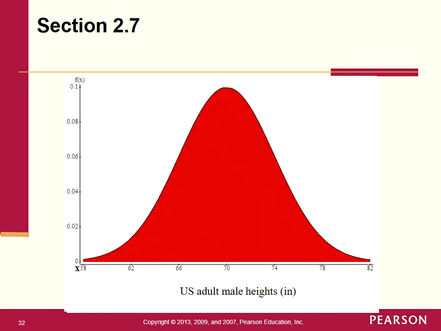We shade that in. Now, I want to make sure that you understand this. Stop for a second, okay? And notice the graph. Now, the graph looks completely shaded in, okay? However, I want you to realize this, is that the graph actually didn't stop. There is actually more data out to the right of 82, and there's more data out to the left of 58. Okay, very little data though.